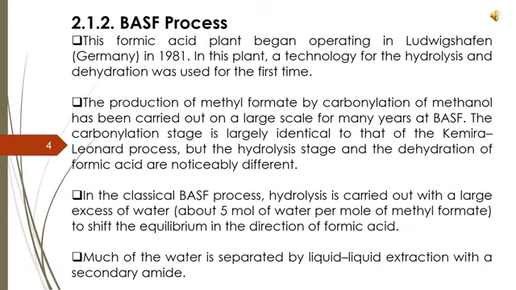If we recall, when we discussed the unit processes at the start of the production lecture, we saw that formic acid can be gained simply by the reaction of water and carbon dioxide, but we do not get it that way because the equilibrium is not favorable for that reaction.